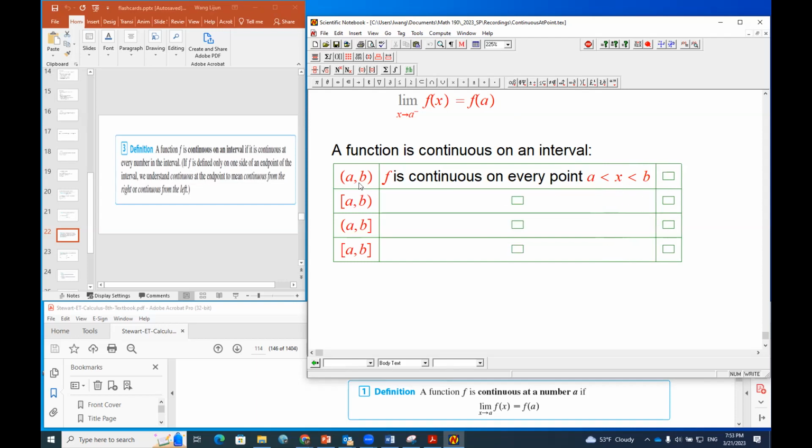Any number larger than a and smaller than b is continuous at every point x. And x is inside.